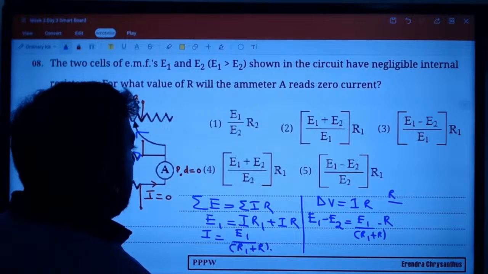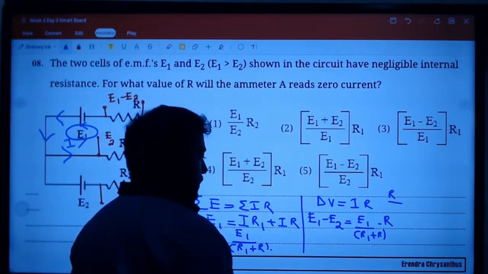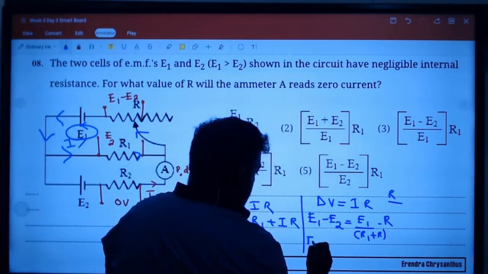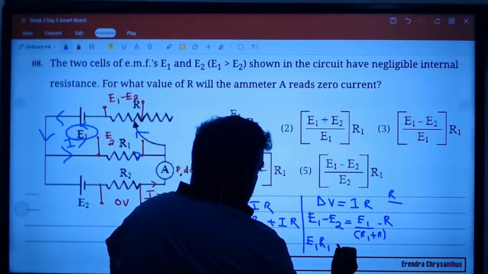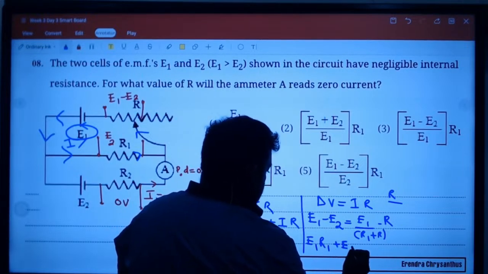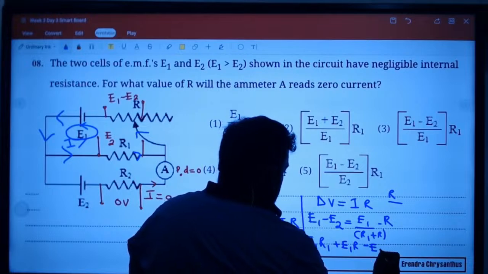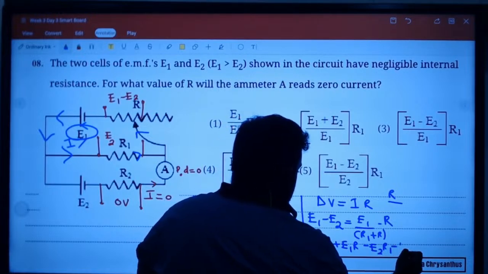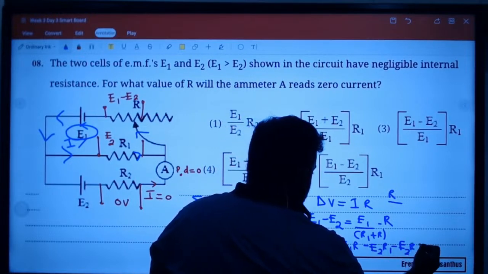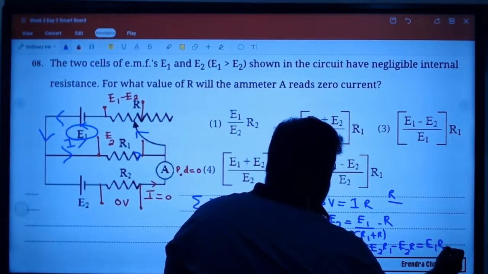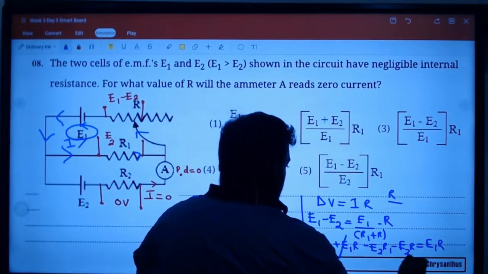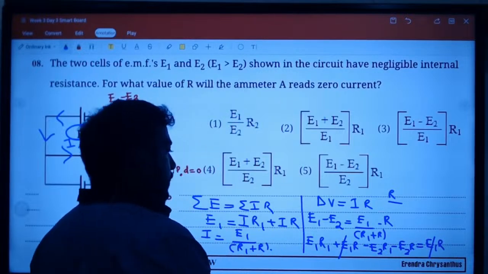For what value of R? You may find R. Cross multiply. E1 R1 plus E1 R minus E2 R minus E2 R1, E1 R will cancel off.